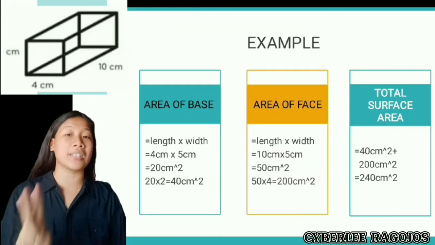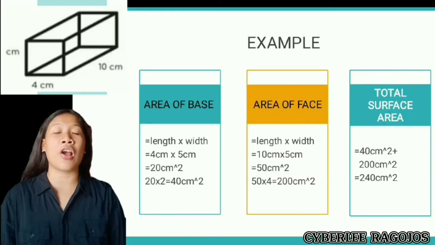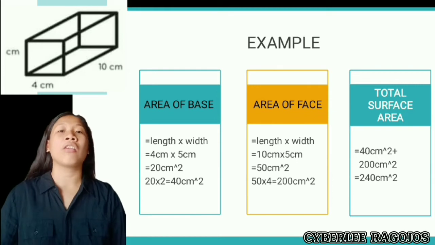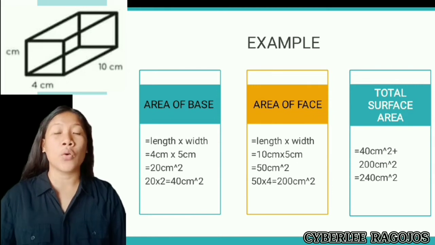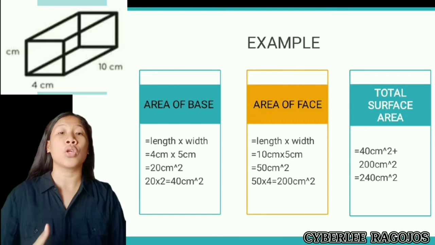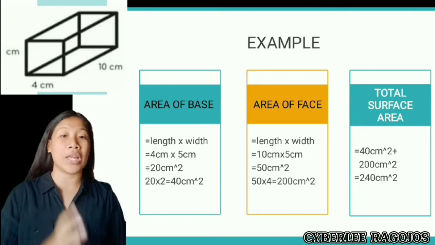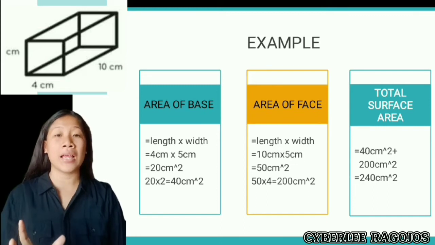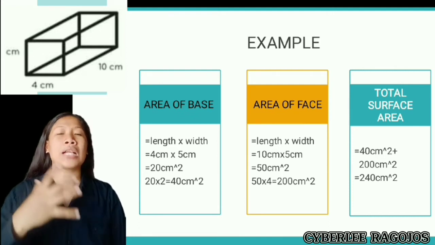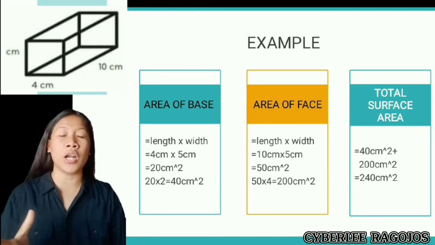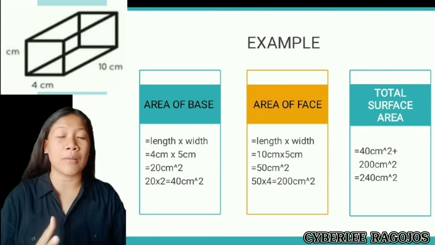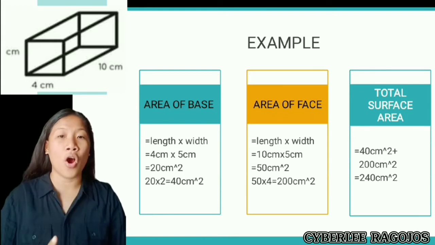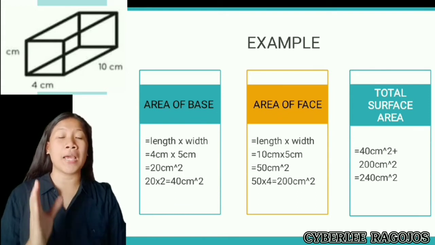So, second step, calculate the area of both bases. In finding the area of the base, we calculate it using length times width, or base times height. As we can see in the picture, nasaan ba ang length dyan? Paano natin mahahanap ang length or yung width or bases na tinatawag?